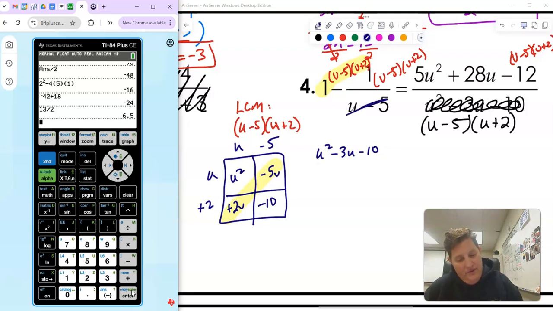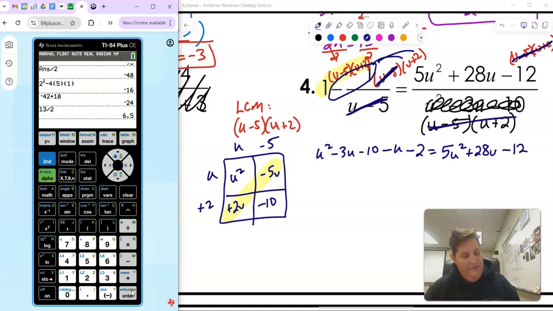Next term, the u minus 5's cross out, but this is really important: I am distributing a negative 1, so it becomes negative u minus 2. And on the last part, everything crosses out, and so I have 5u squared plus 28u minus 12.